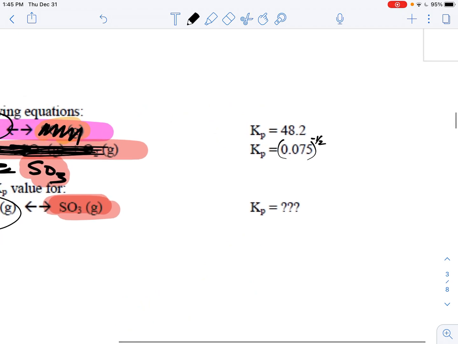So by taking my 0.075 and raising it to the -1/2 power, 0.075 raised to the -0.5 power gets me 3.65. So this one here is now, instead of 0.075, 3.65.